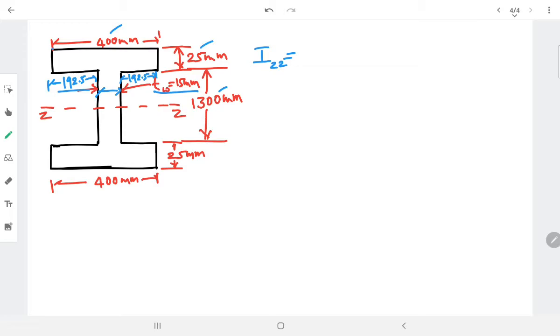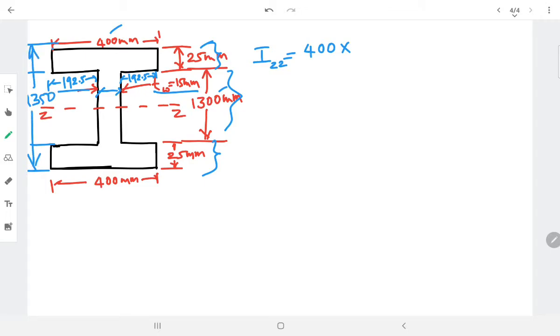So get I of this section, that is BD cube by 12. Firstly we'll take the flange, that is 400 is the B, D is the overall depth. The overall depth of this I section is 1300, and here 25, and this one is 25. So 1300 plus 25 plus 25, it will be 1350, the overall depth of this plate girder.